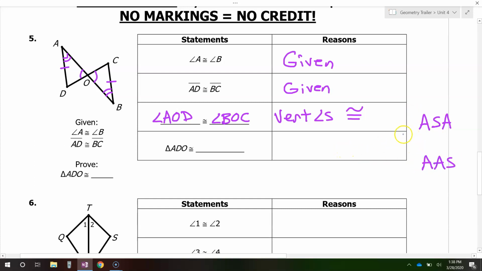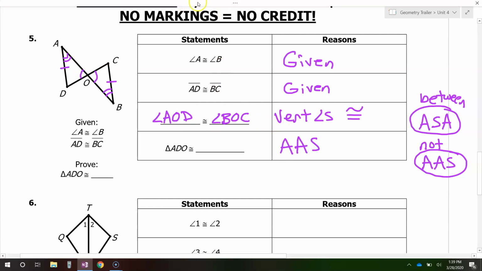It'll be angle, side, angle if the side is between the two angles. It'll be angle, angle, side if the side is not between. All right, so at a glance, I can see that the side is not between the two angles. So that's going to make this angle, angle, side.